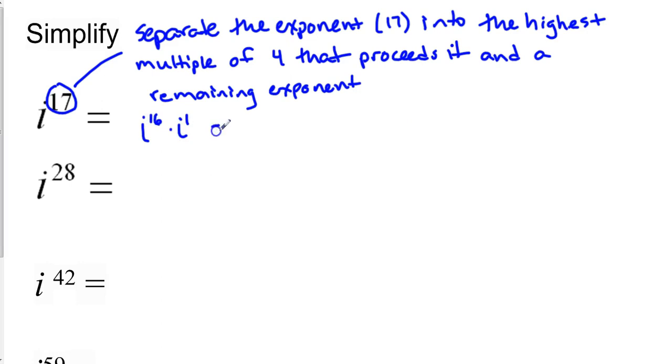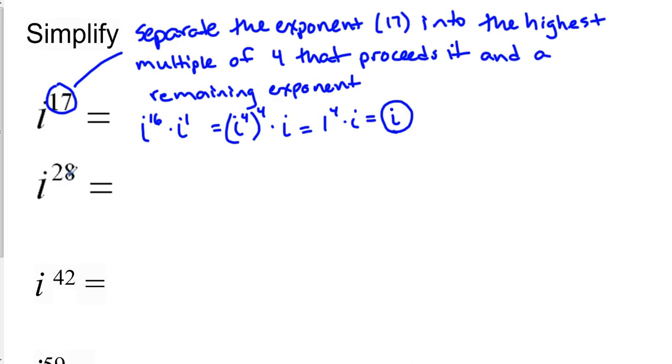Because really, when you think about it, i to the 16th is i to the 4th to the 4th, which would be really 1 to the 4th, right? Times an i, which equals obviously 1 times i. It's all equal to i. Now you can start skipping some steps here, but I'd like you to write out this much. Make sure you at least have this step, and then you jump to the i.